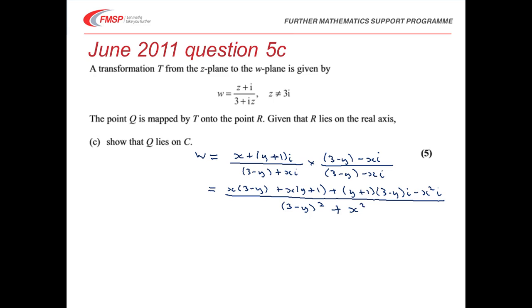Then we're told something really important. We're told that R is on the real axis. So if the image R is on the real axis, that implies the imaginary part must be 0.